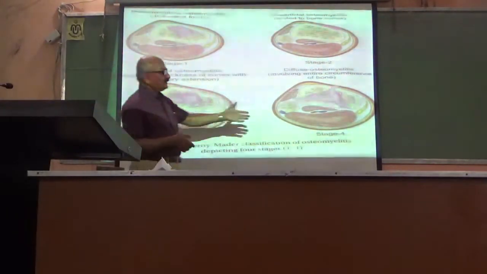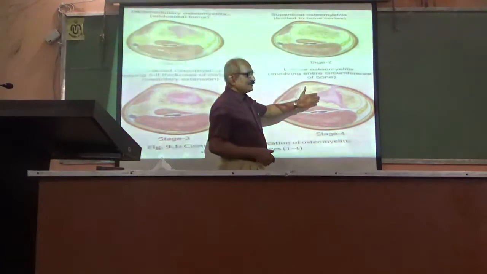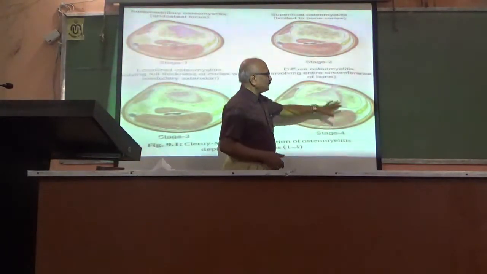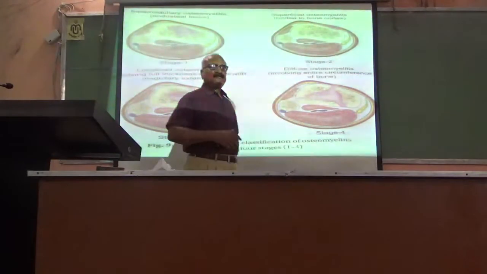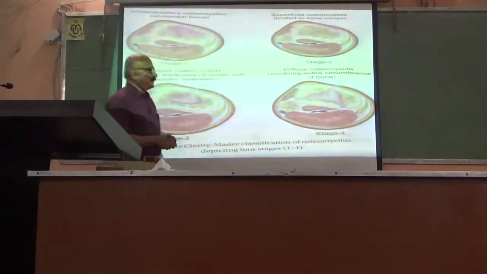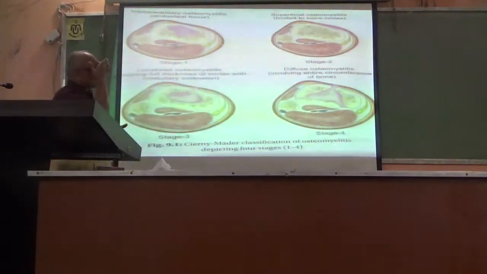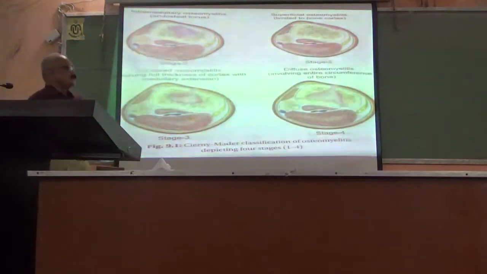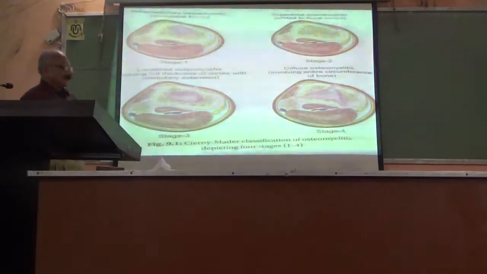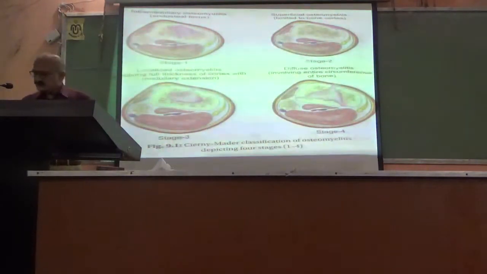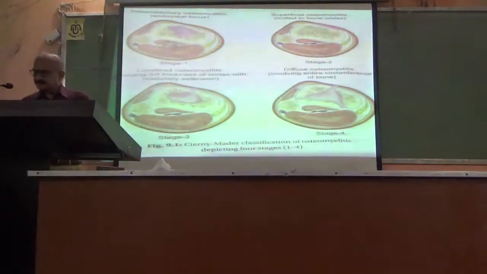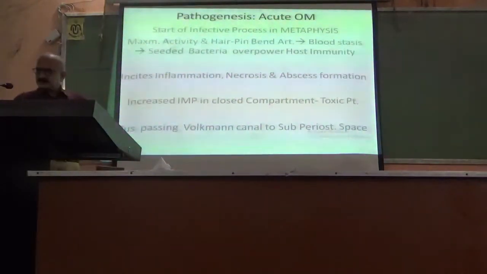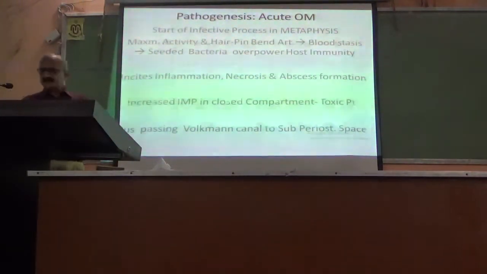And stage 4 is where the infection has spread in all directions and has become circumferential. So this type of staging we come across, and this is the Cierny-Mader classification of staging of acute osteomyelitis. Then coming to pathogenesis.